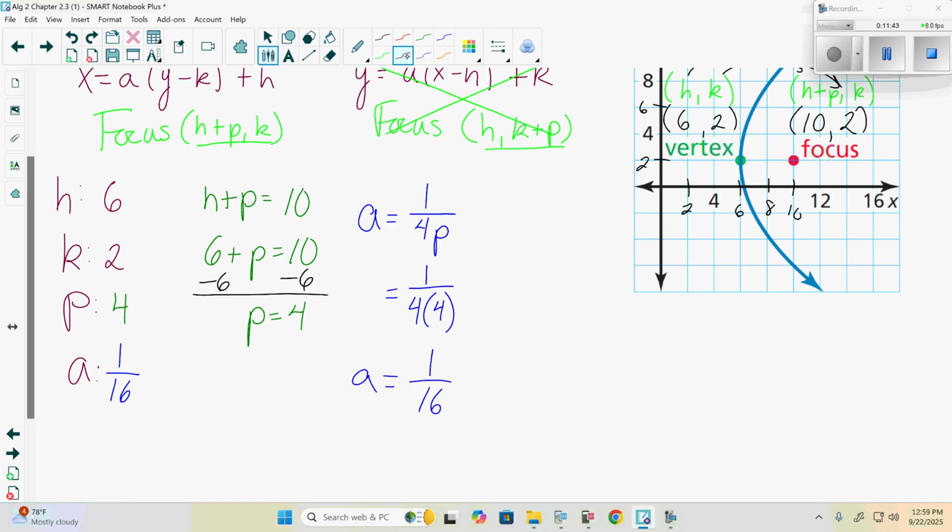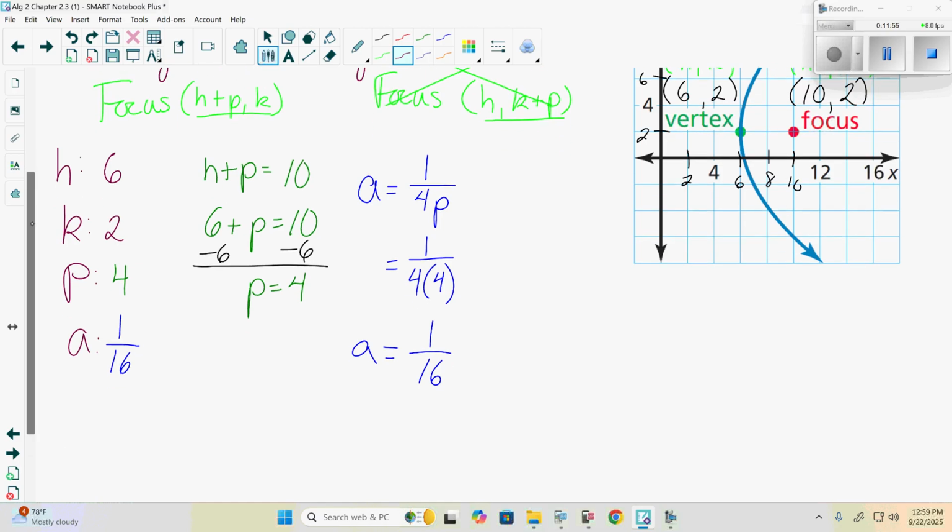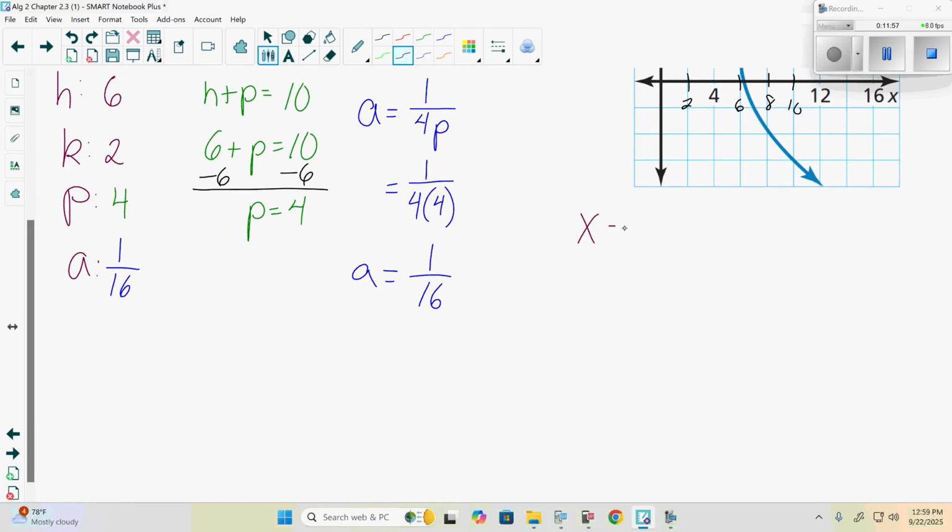Now for our equation, we really just need a, h, and k. But in order to find a, we have to have p. So under this equation, I'm going to rewrite it out. x is equal to a times (y minus k) squared plus h. So let's plug in what we know. What's the value of a?